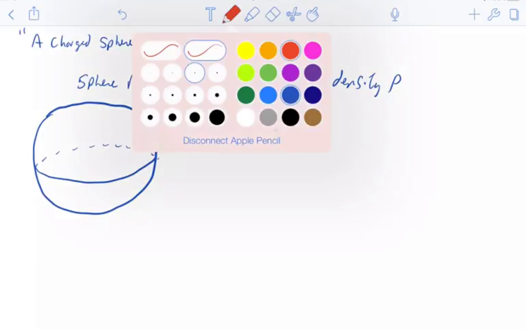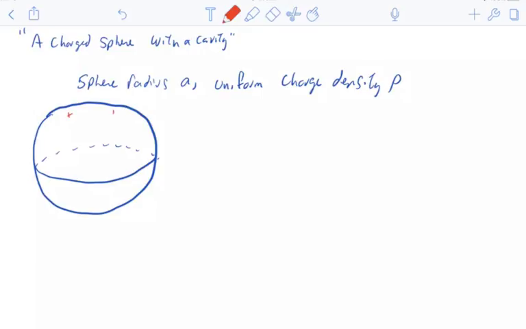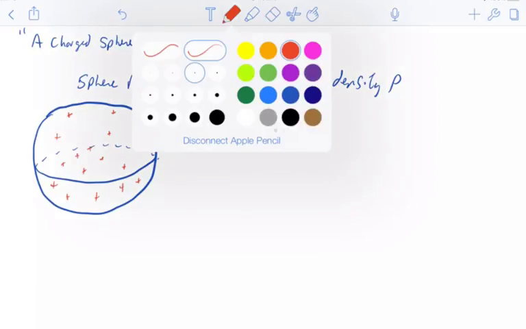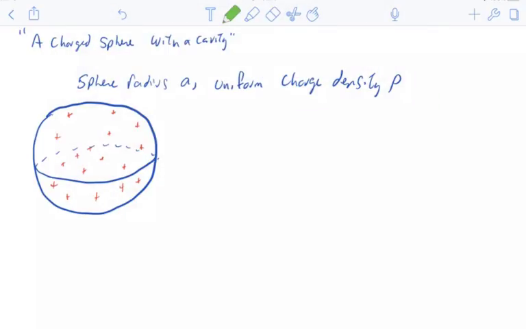Okay, so it's got a uniform charge density, which means there's charges distributed uniformly everywhere inside. Calculating the electric field in this circumstance is actually a little bit tricky, but it's super fun, and we use Gaussian surfaces to do it. So what shape Gaussian surface are we going to use?